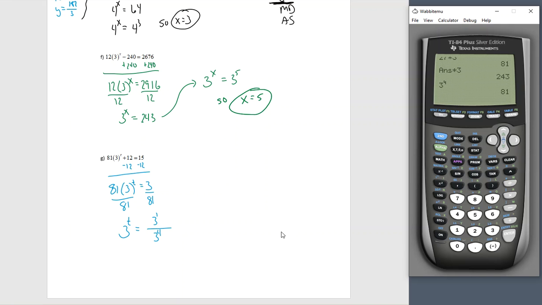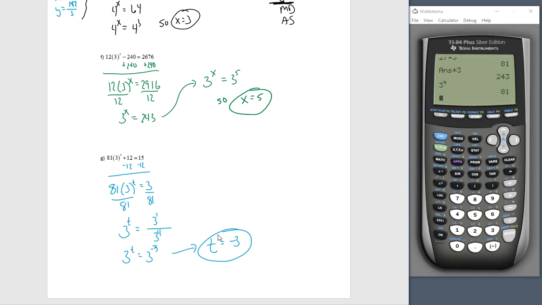But I know that in order to simplify two exponentials being divided with the same base, I'm going to subtract 1 minus 4 to get a negative 3 exponent. Oh, it's an ugly 3. That's all right. We'll use it. Which tells us that t equals negative 3.